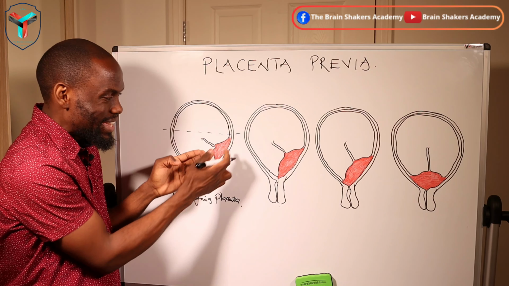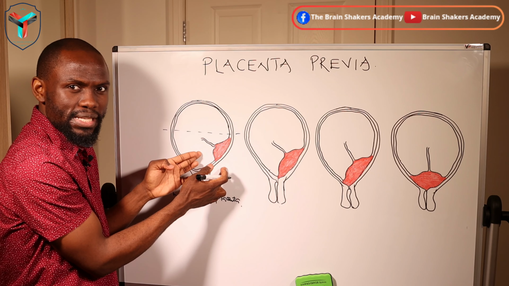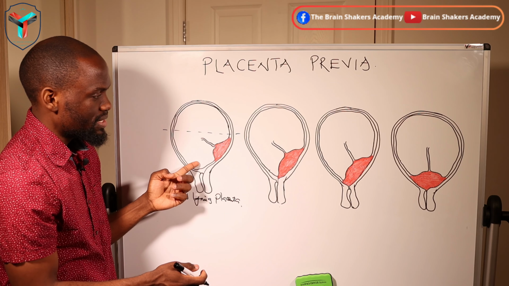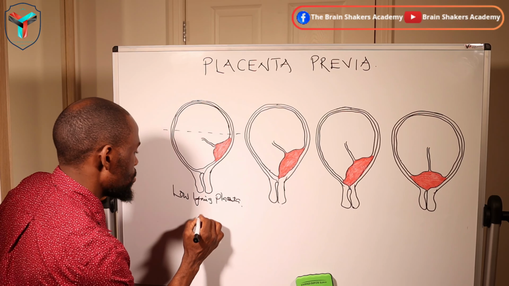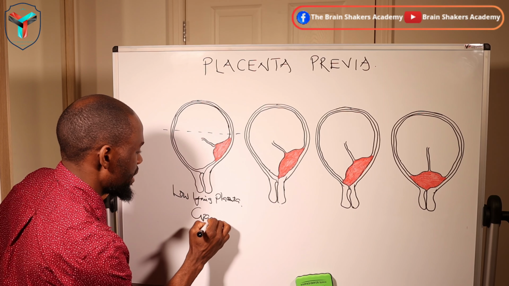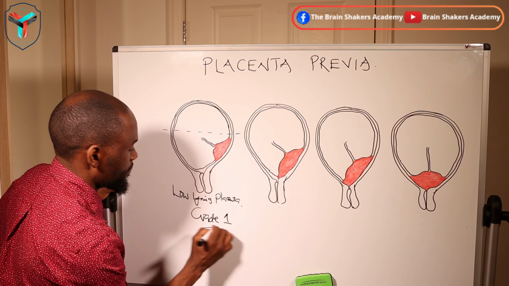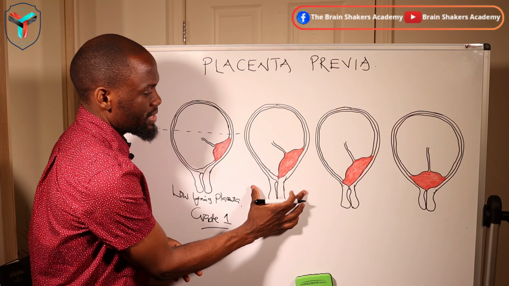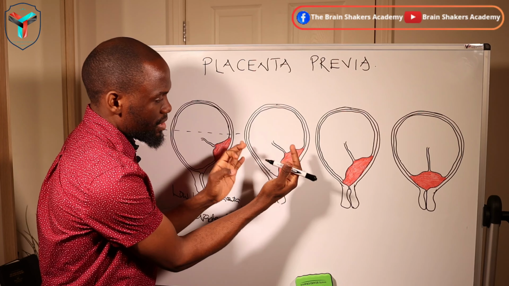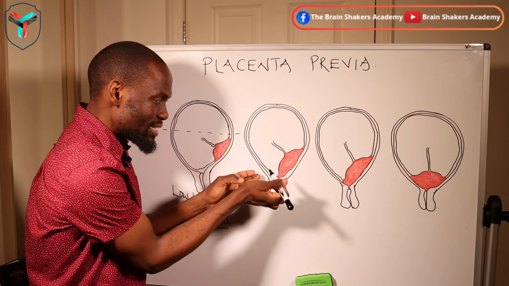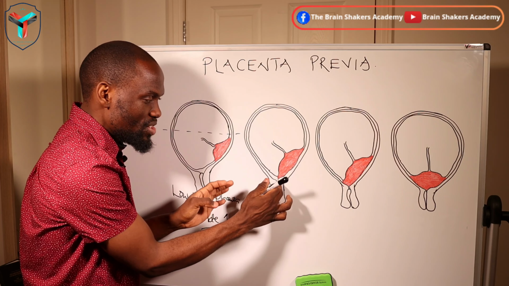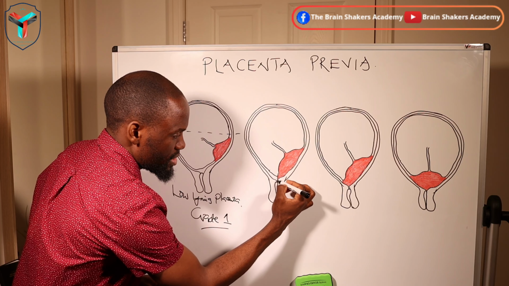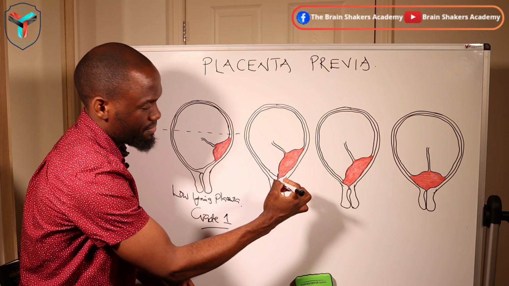This placenta is just in the lower part of the uterine segment, but does not reach the cervical os. It is also known as grade 1 placenta previa. Now, when you come to the second one, you notice that the placenta is also inserted in the lower uterine segment, but reaches the margin of the internal cervical os.